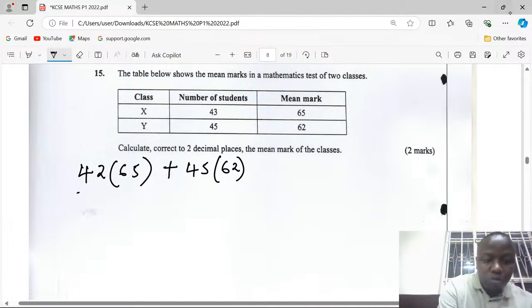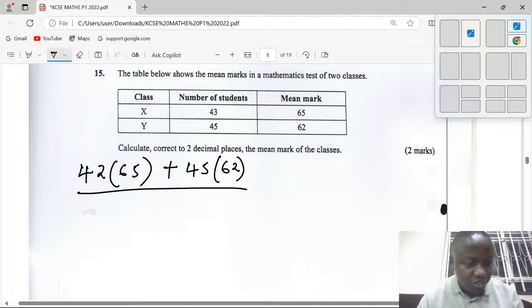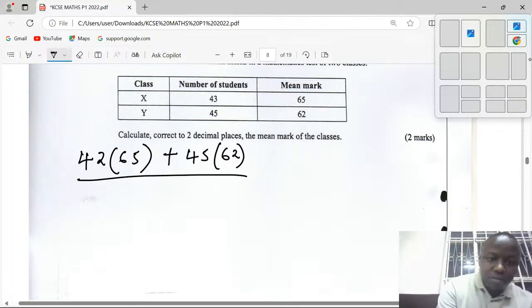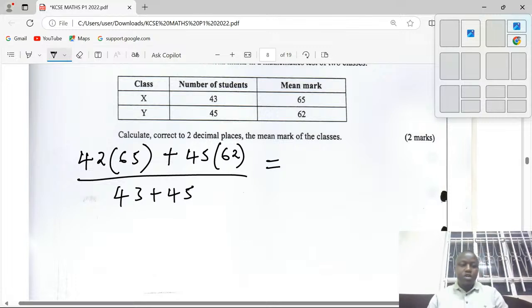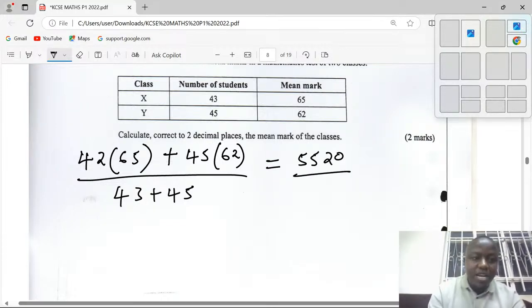And now the total marks will be divided by the total students, which are 43 and 45, which is 88.